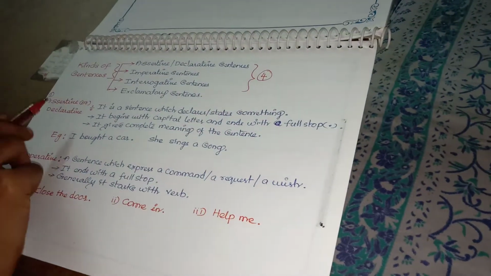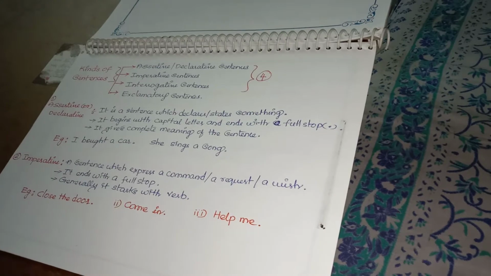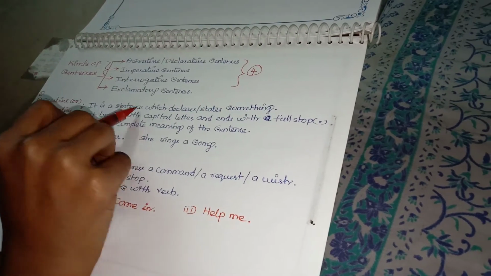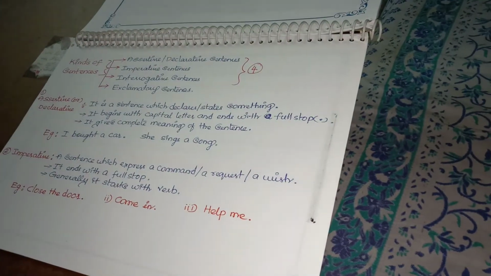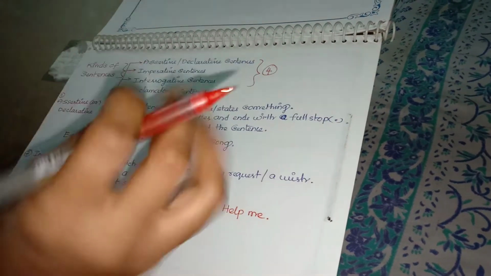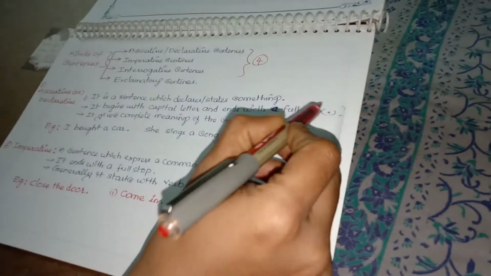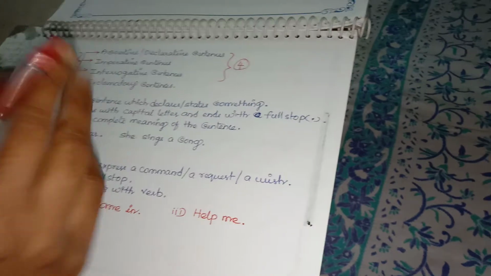The first one, assertive, is also called declarative. A sentence which declares or asserts something is called a declarative sentence. It declares something, begins with a capital letter, ends with a full stop, and gives a complete meaning.